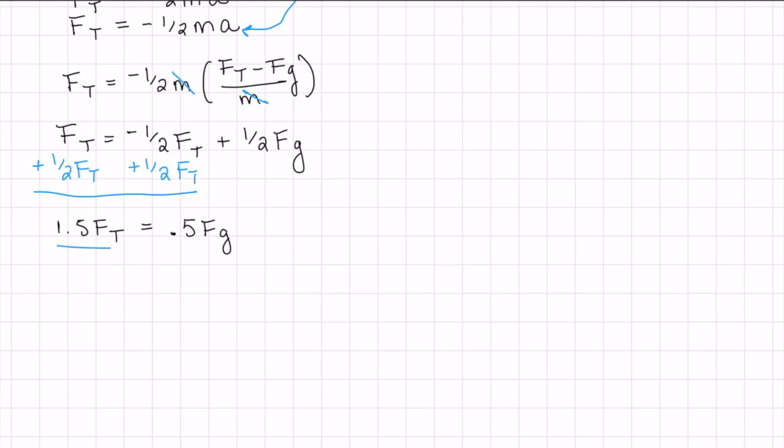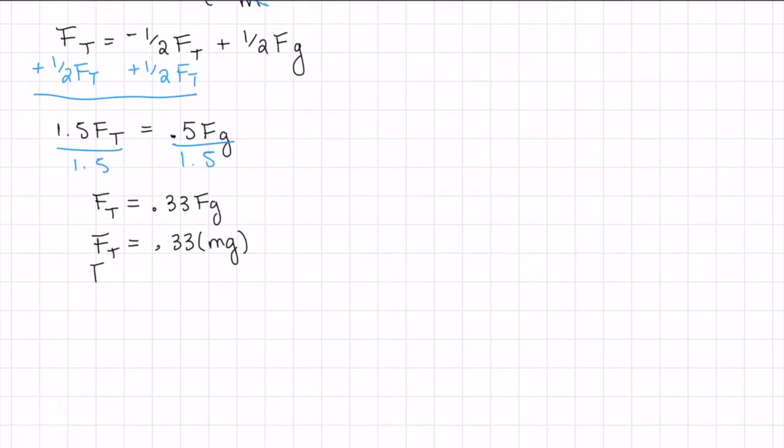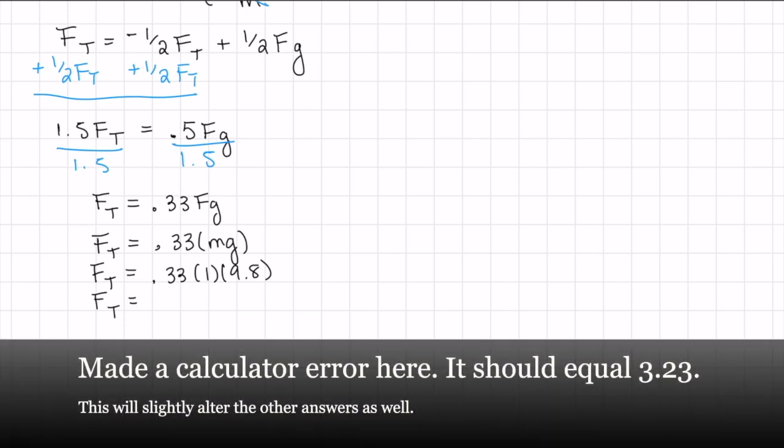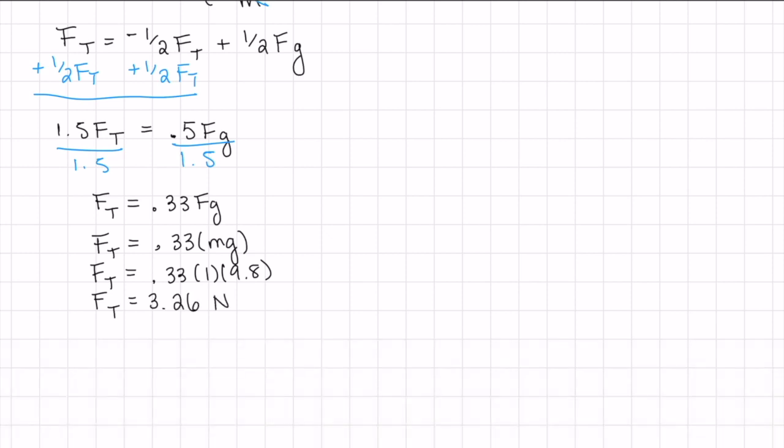We'll divide by the 1.5, which would give us 0.33 times Fg, and then we'll do our usual plugging in mg for Fg, and then plug in our mass and gravity. So 1 and 9.8, and that gives me 3.26 newtons.